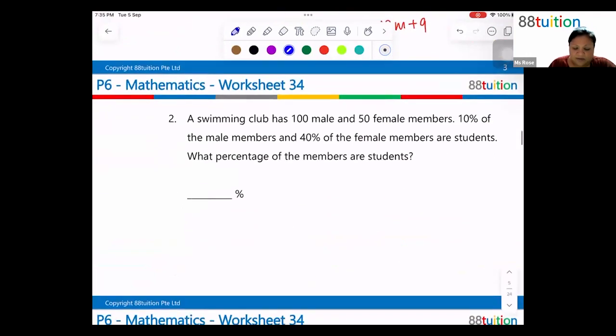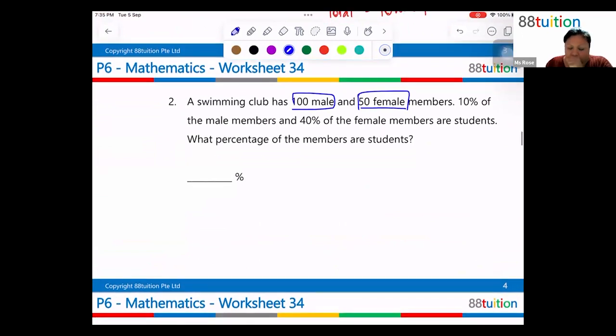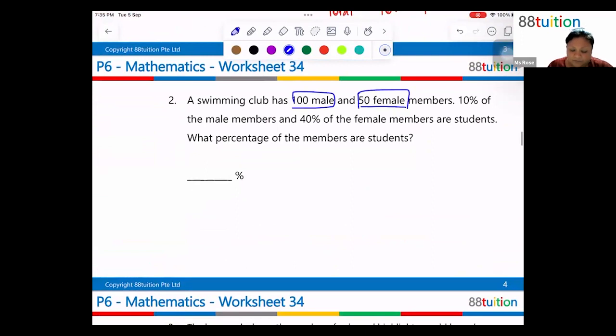Okay, now let's look at question number 2. Now, in question 2, the question says, a swimming club has 100 male and 50 female. Okay, so you have male 100 and female 50.